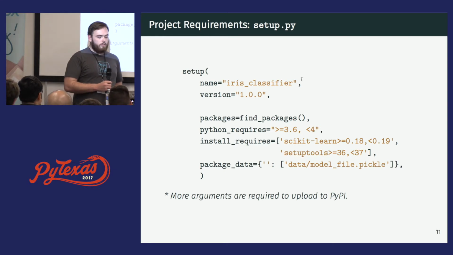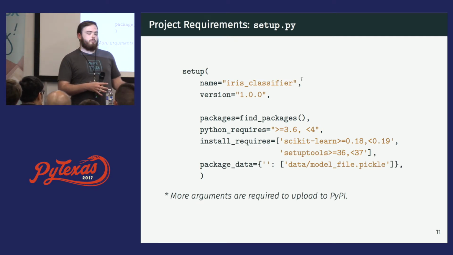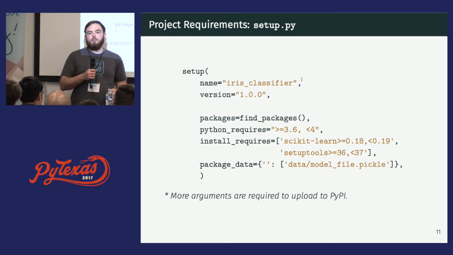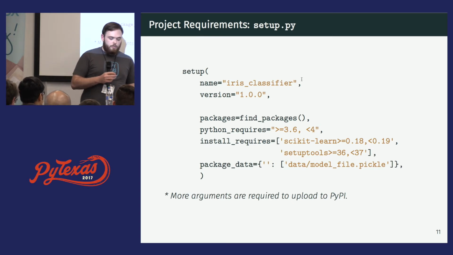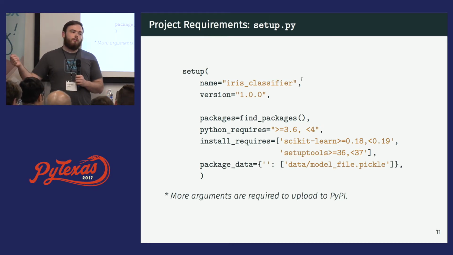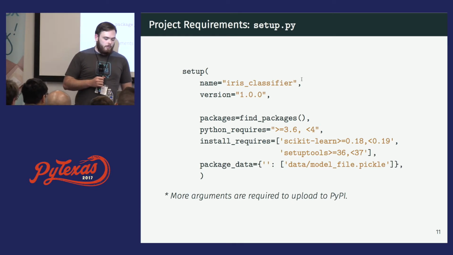This will include things like the name of your project, the version number, which Python packages in that directory you want to include in the distribution package, which version of Python you are covering, and also dependencies. And an important thing for us is the package_data parameter, in which we can list the data files in our project directory that we want to include in the end distribution package.